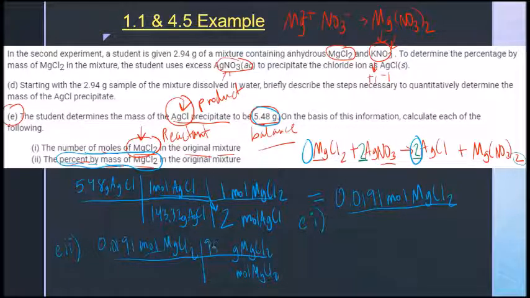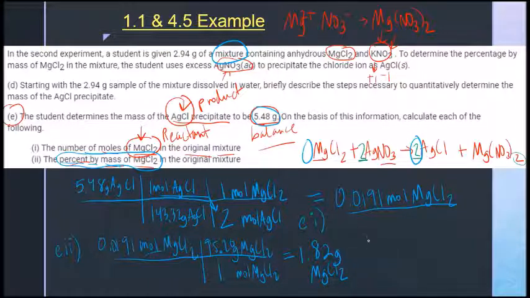So the 95.20 goes on the top, the 1 mole goes on the bottom. Now I calculate my mass of the magnesium chloride that's in that sample, that mixture: 1.82 grams. So now I know the grams in the mixture that actually was from the magnesium chloride.